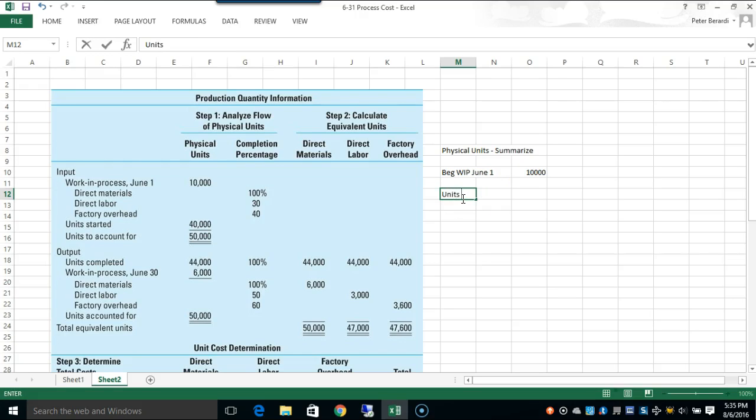Units started or transferred in is 40,000. Units to account for is going to be the sum.